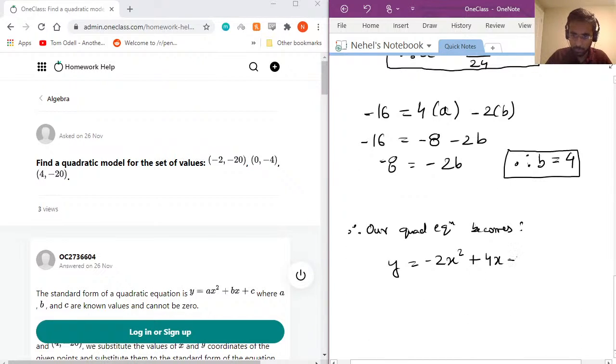So minus 4. If you want, you can solve it even further just to make it look better. If you take 2 common, you would get minus x squared plus 2x minus 2. But again, up till here is also a correct solution.